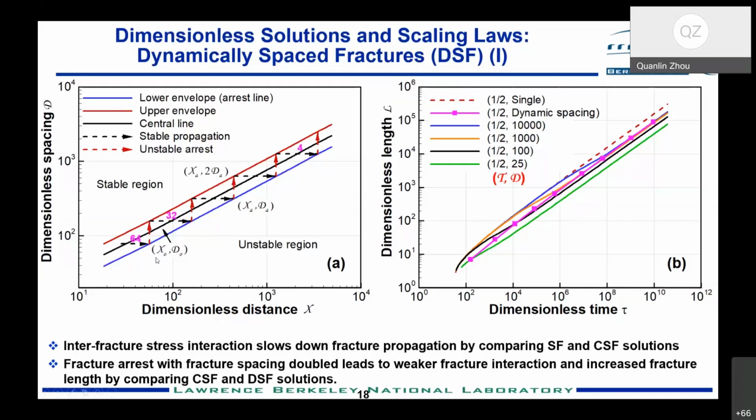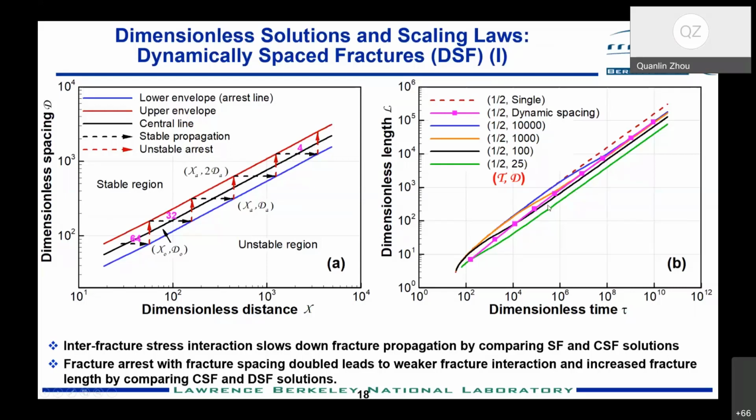All other fractures are arrested at different times. So in this figure, that is the boundary, like we call the arrest line, between the unstable and the stable region. And then this center line here is also an approximation solution. But on the right side, you can see the pink are the solutions for dynamic spacing. So we compare all these three solutions.